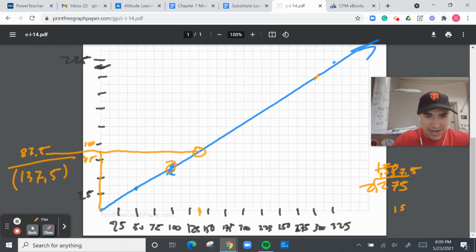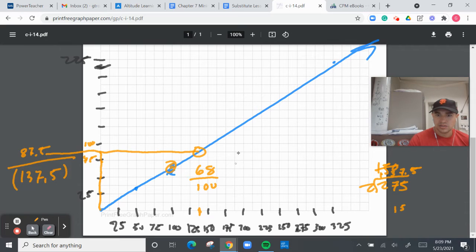So I would do probably a better one, just to be honest. I would just do this point that I have right here, which is 68 over 100. And that would be kind of my similar guess. So 68 over 100, that would be my line.